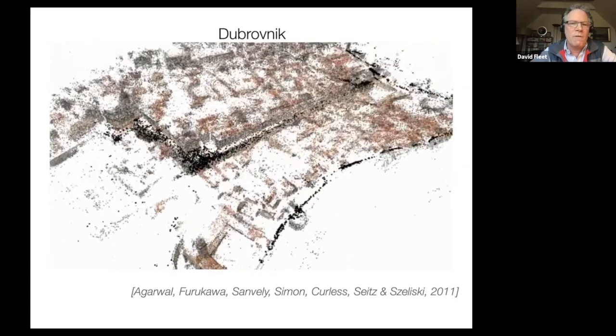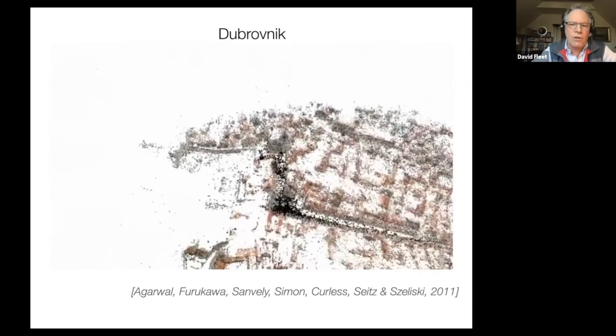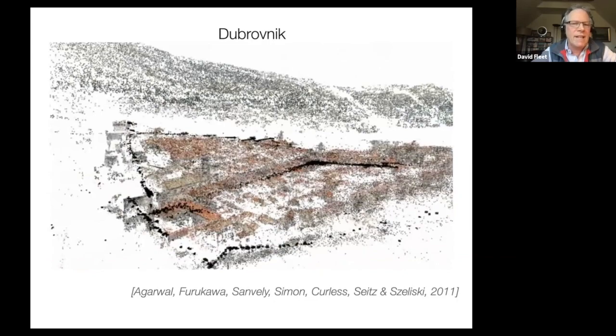And this is one of the very early large-scale reconstructions of 3D environments that went hand in hand with, or actually preceded, a lot of the early SLAM work, where you get dense reconstruction from 3D images.